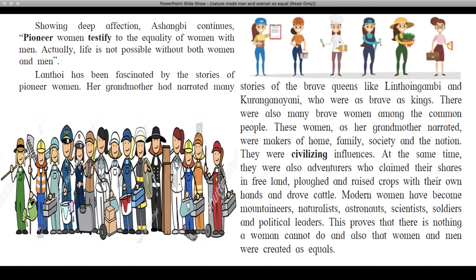And Lanthoi then remembers the stories that her grandmother used to tell her about these women, brave women who fought against the society and have done work that only men were supposed to do, to plow the field. And she says that they have done so much work that they will always be in the memories of people. They were the ones who were civilizing influences. What do you mean by civilizing? They were educating the people, because at that time people had a negative outlook towards women.